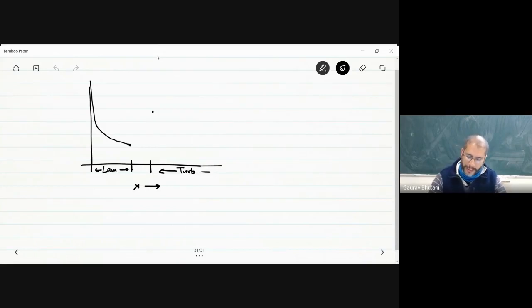What that means is that h will again start reducing with distance, but not as steeply as it used to earlier, because this time you have a lot of mixing happening. So it's a very weak function of x, but it still goes down. I haven't shown that clearly, but I'll make this appear more steep.